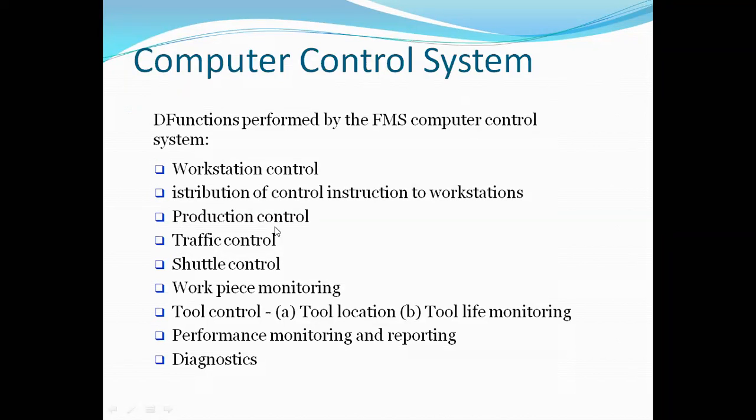I think I have shared one AGV video. Note that the automated guided vehicles part is removed from your syllabus. If you see that video and the movement of the vehicles, you will come to know about traffic control. What is this traffic control? And then tool control, tool location, tool life monitoring. These are all the functions of the computer control system used in your FMS.